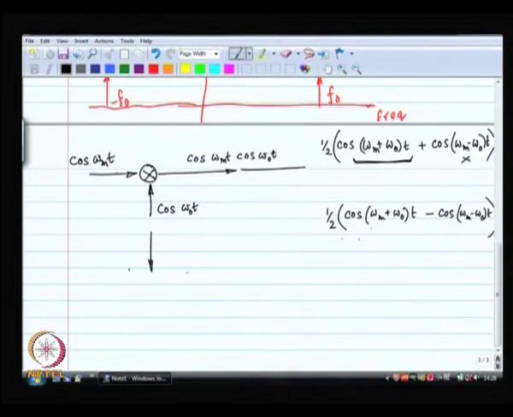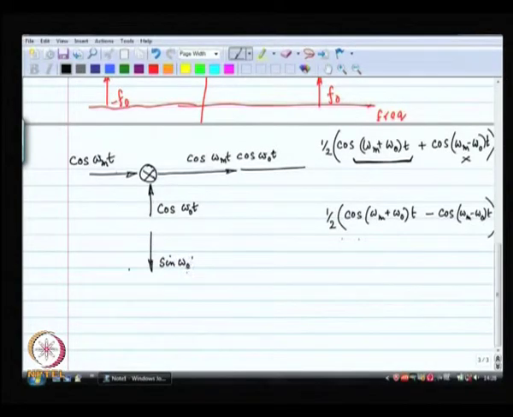Cos A minus cos B is twice, you have forgotten your trigonometry, right? Okay, I will help you. What is sin A times sin B? Sin A times sin B, remember, all you have to remember is this.